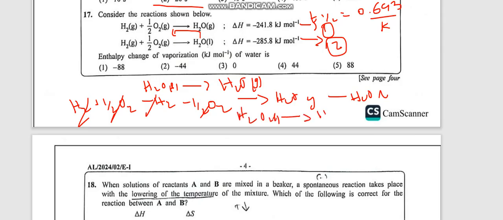Then H2O liquid is becoming 2. So 1 minus 2 will give you the enthalpy change. That means minus 241.8 minus 285.8. Then you have to add 285.8. No, you will get a positive value. So let's see the value. Answer is plus 44. That means 44 kilojoule per mole. Answer is number 4.